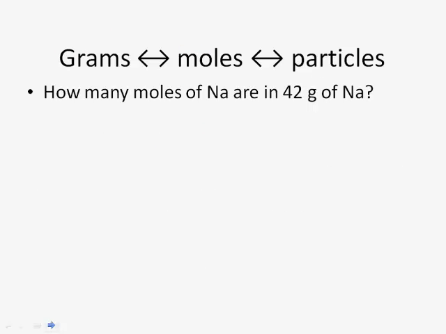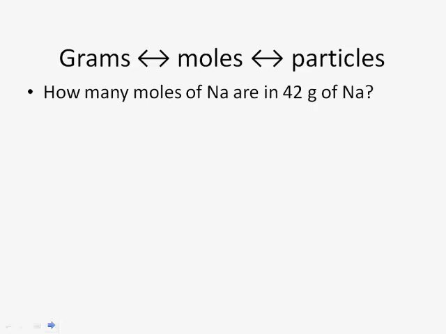Okay, so let's take a closer look at this. Here's a diagram that is helpful, especially to understand that the mole is a connection for us. We really care about the particles: atoms, molecules, ions. The particles are what interact with each other in chemical reactions, and so that's really what we care about.